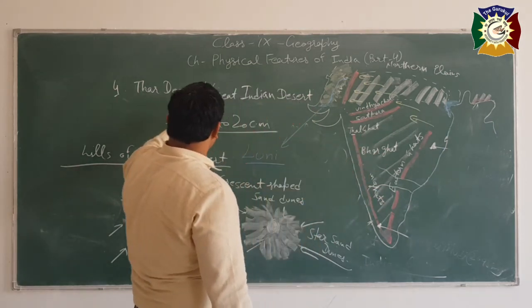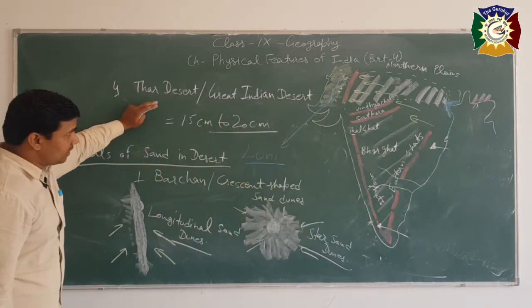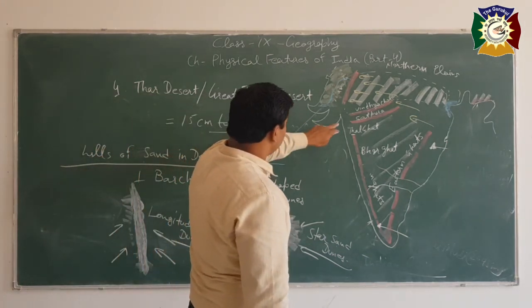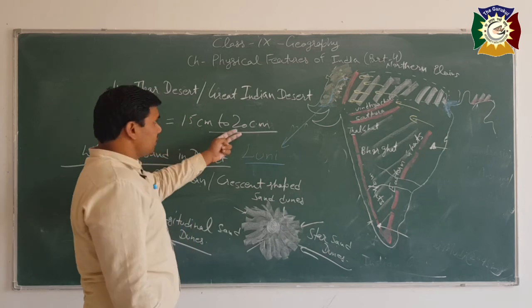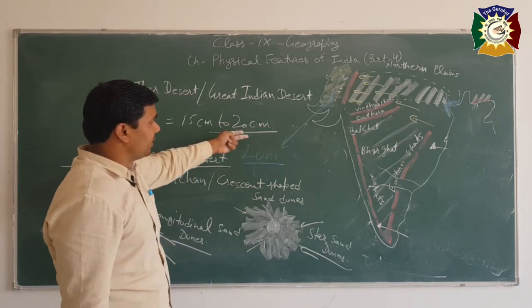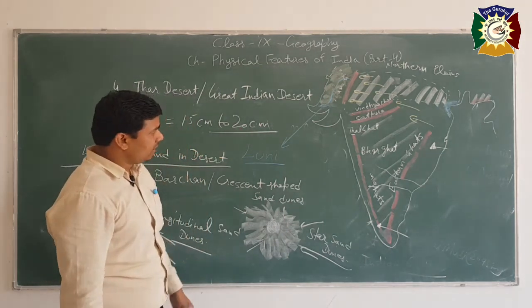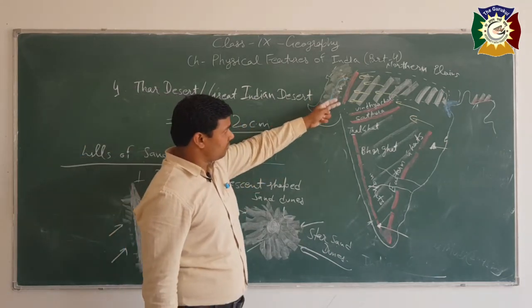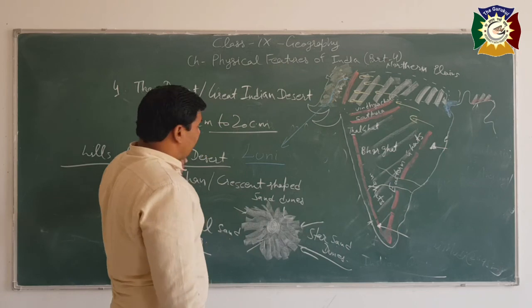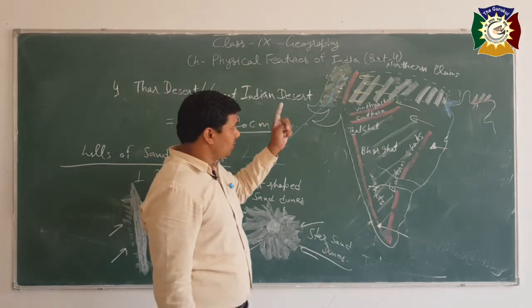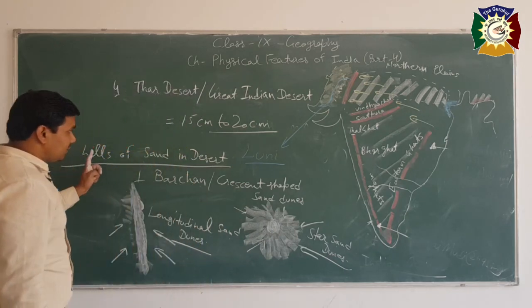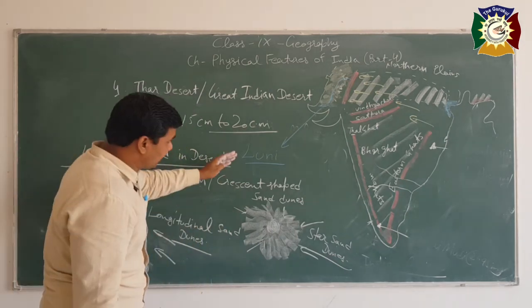And the next physical feature that we discussed is the Thar Desert, the Great Indian Desert, and this region receives nearly 15 to 20 centimeters of annual rainfall. That's why this is covered by sand, and very little vegetation and wildlife is found here, and this area is totally covered by sand dunes.